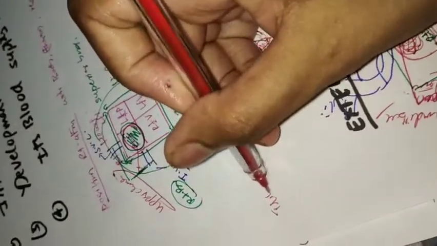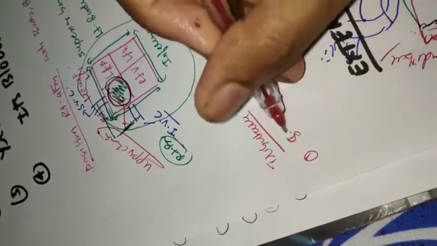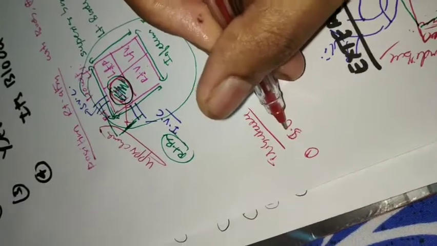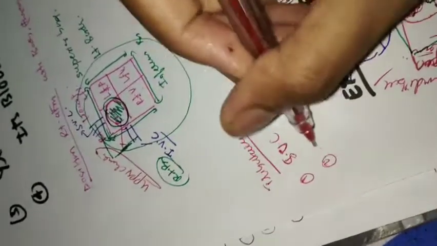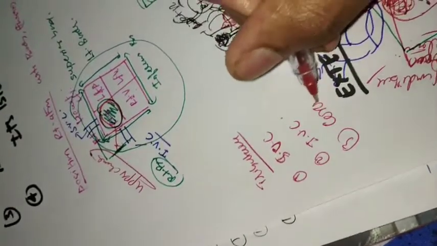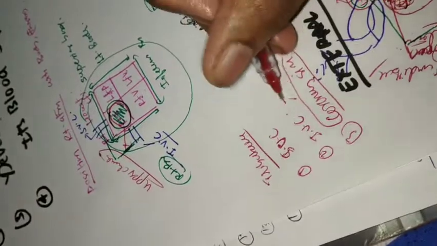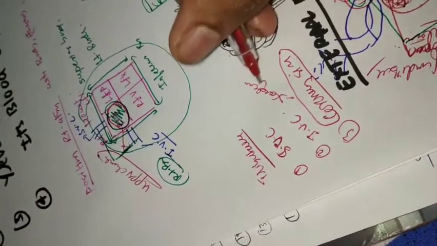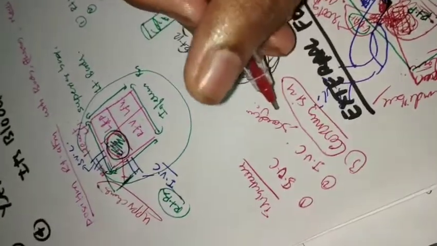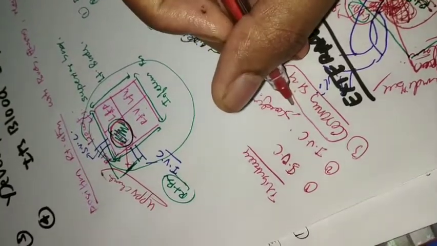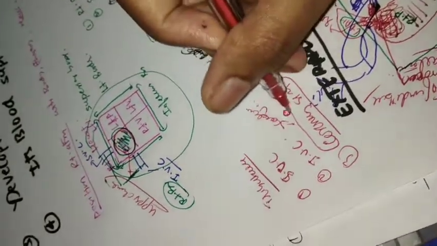So I'll just tell you in short what are the tributaries or structures that open in the right atrium. Okay, you have to tell me. It's the superior vena cava, your inferior vena cava, and the coronary sinus. I didn't tell you about coronary sinus, right? The coronary sinus carries the cardiac veins, the veins of the heart, that open into the right atrium through a sinus.